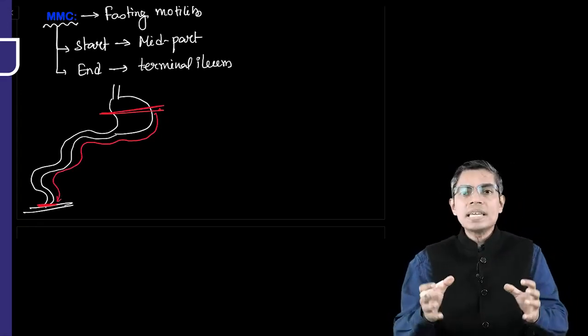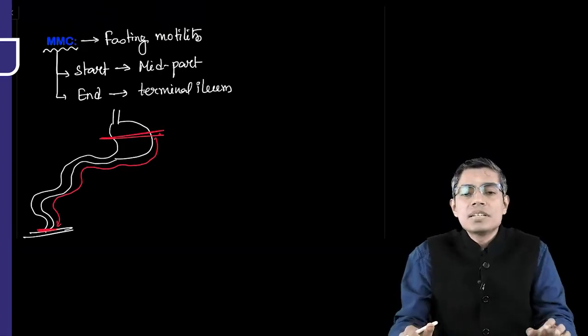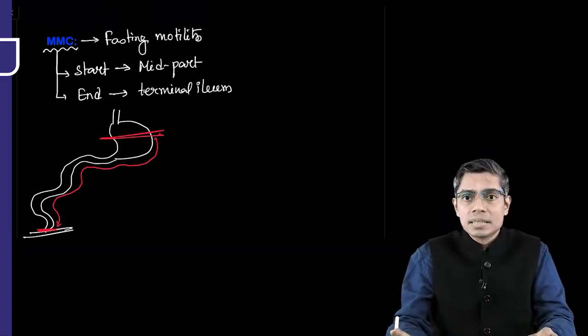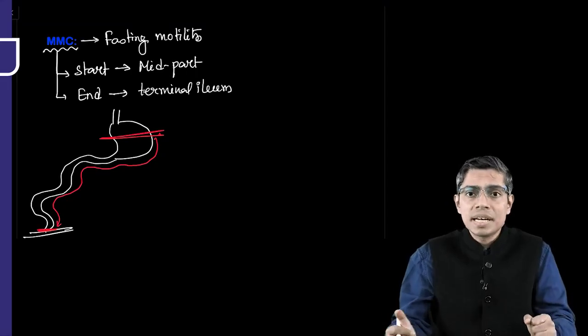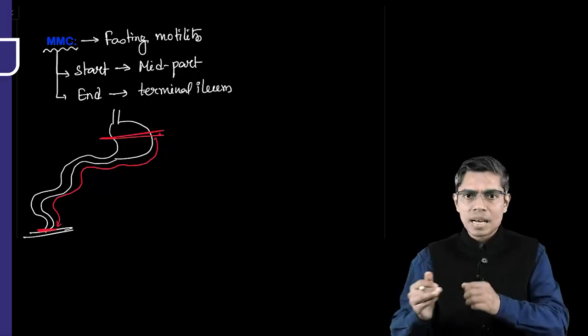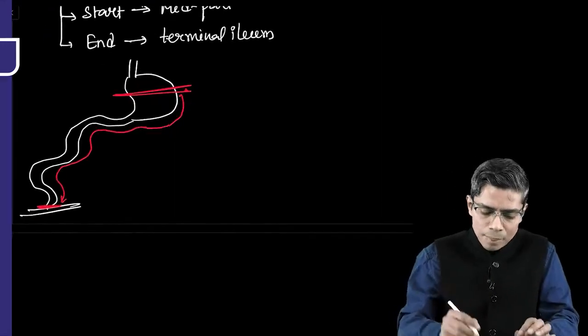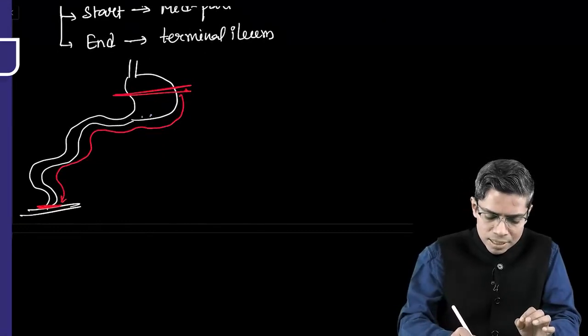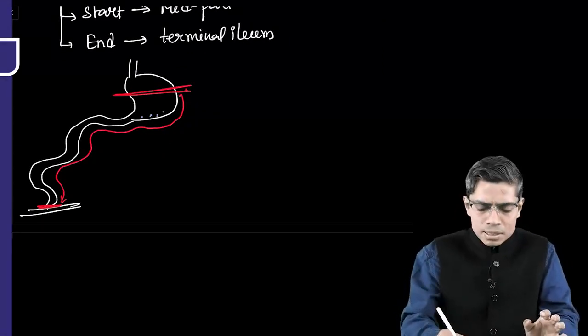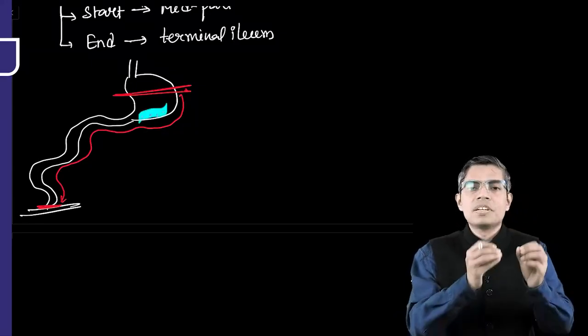The question is, why do you require this kind of strong contraction when the food is not there at the level of GIT? Why do you require fasting movement of GIT? See, whenever you are taking certain food particles, there will be digestion, there will be absorption. Even after complete digestion and absorption, a small amount of food particle and various intestinal and gastric juices will remain.